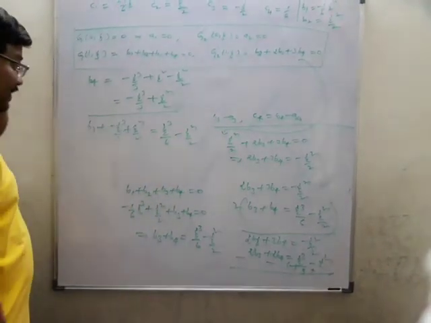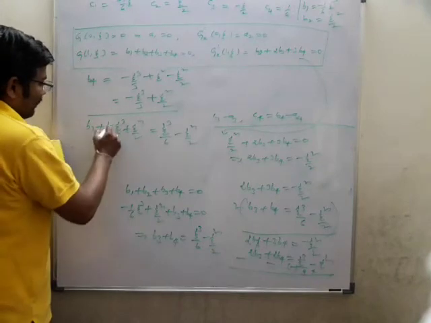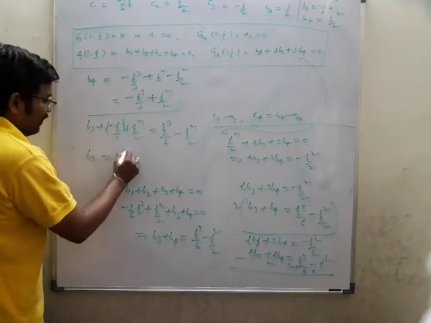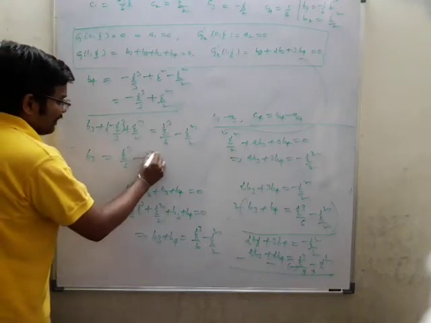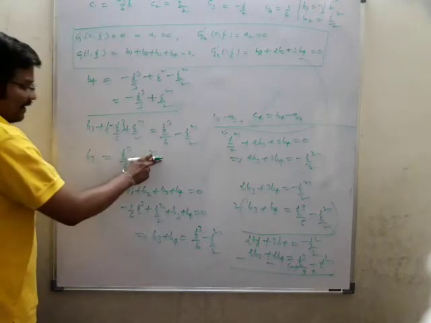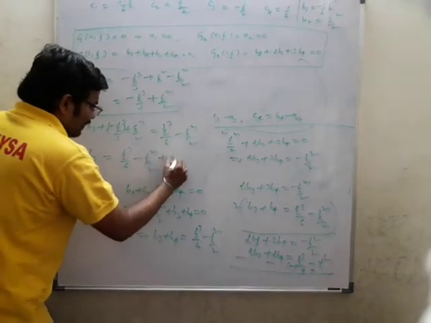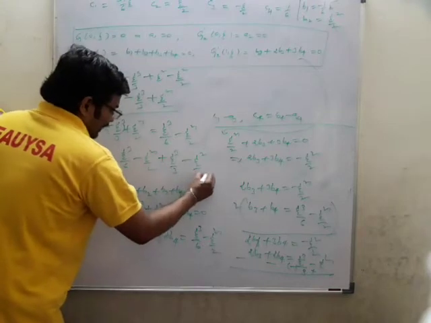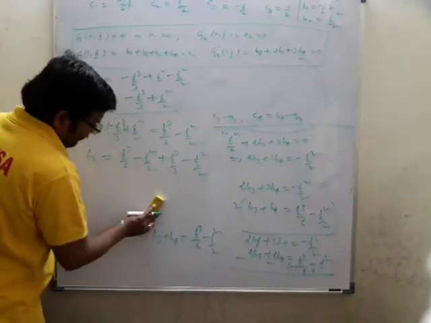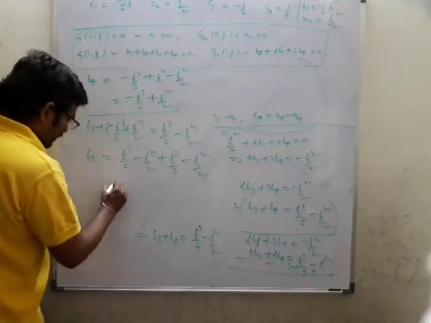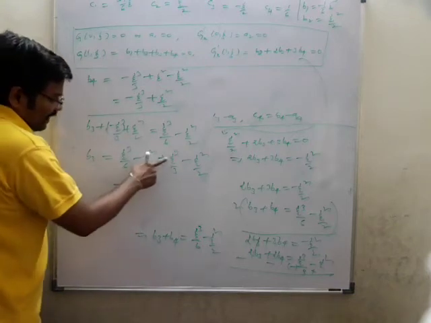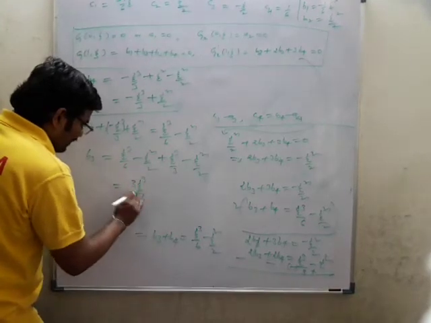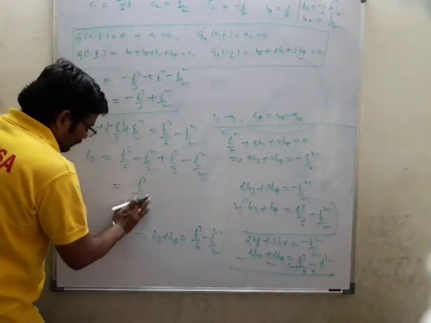I'll take this term to that side. Now B3 is equal to xi cube by 6 minus xi square by 2, and that becomes plus xi cube by 3 minus xi square by 2. So this is xi cube by 6 and xi cube by 3, which is 3 xi cube by 6, that means xi cube by 2.